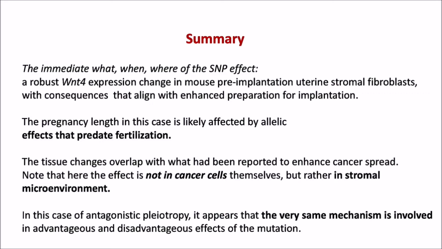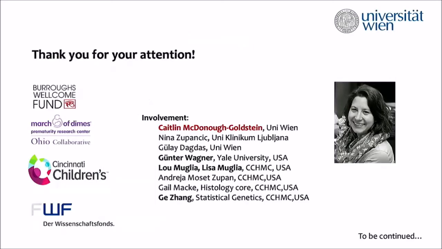And what we seem to find here, in this case of antagonistic pleiotropy, is that it's really the very same mechanism that is relevant for the associations with cancer, or endometriosis on the other hand, as it is with preterm birth.